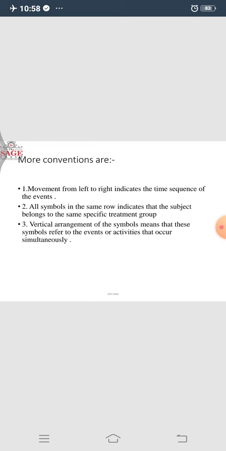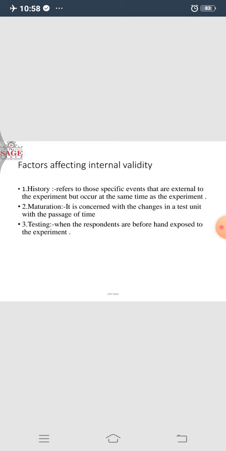All symbols in the same row indicate that the subjects belong to the same specific treatment group. The vertical arrangement of symbols means these symbols refer to events or activities that occur simultaneously. All these things you will understand when we actually see them.